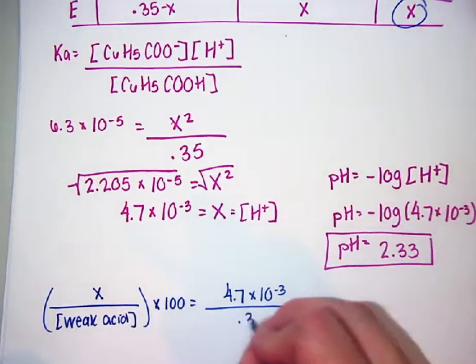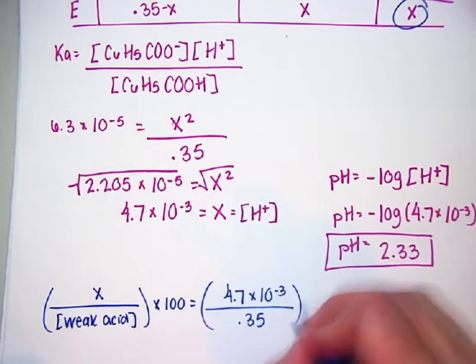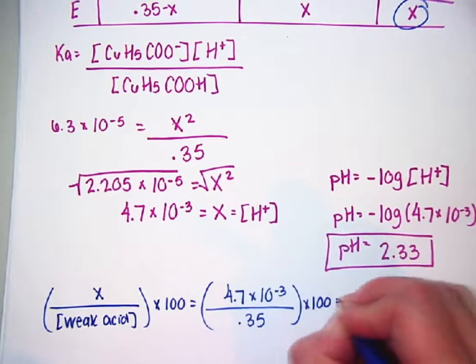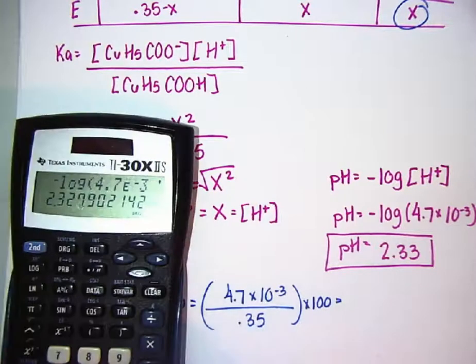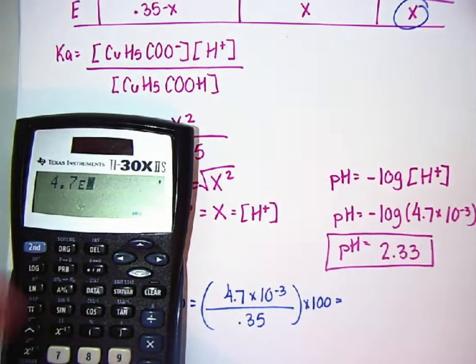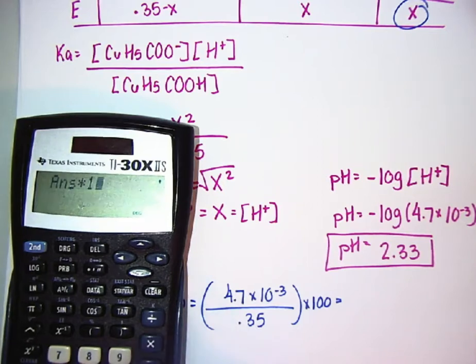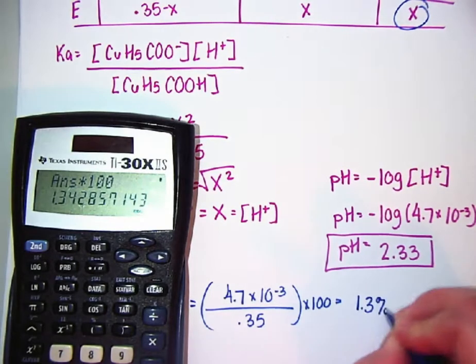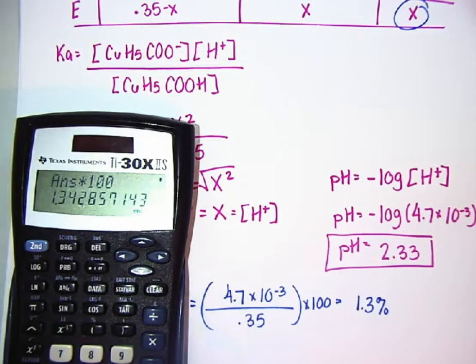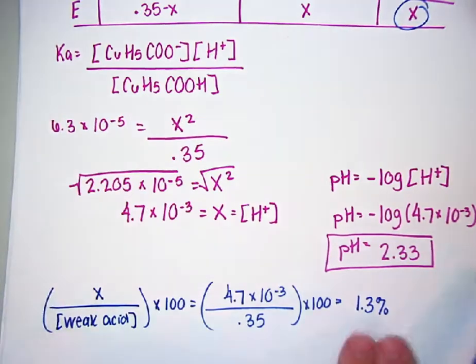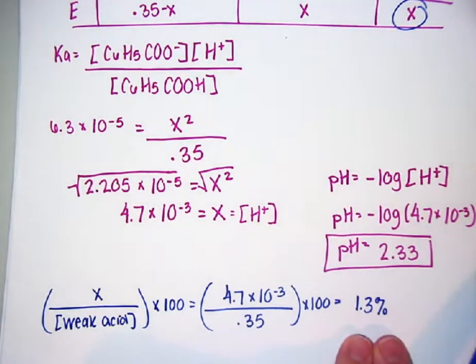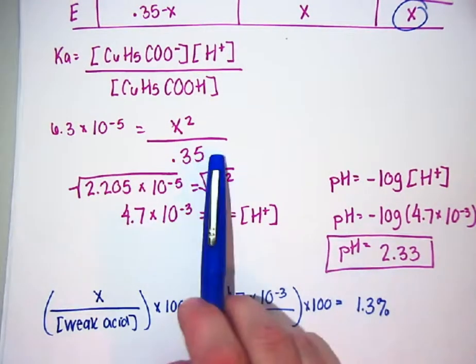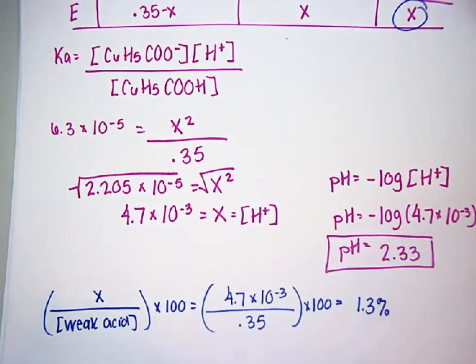My concentration was 0.35. About 1.3%. It's less than 5, so it's safe to drop X. If you did this calculation and your number was greater than 5%, then we would have to include X, and then the math becomes much more messy.